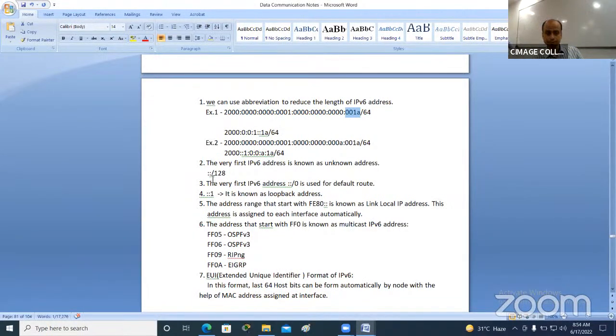But if all characters are 0 and we are using subnet prefix length 0, then this IP address is used as a default. In the case of IPv4, we used 0.0.0.0 as a default route.